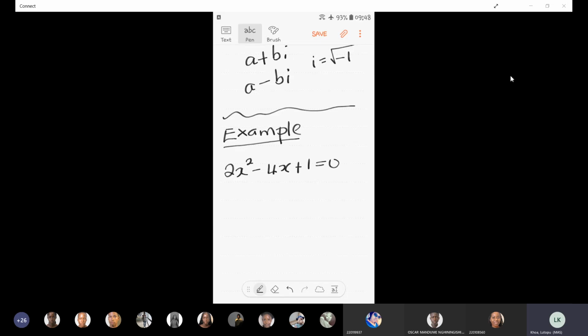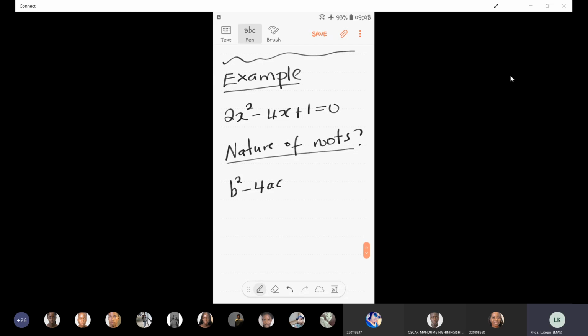And I need to determine the number of roots, or the nature of the roots. That's the question. So to do that, I do not need to solve it. I just need to work out the value of the discriminant. The discriminant is b squared minus 4ac.